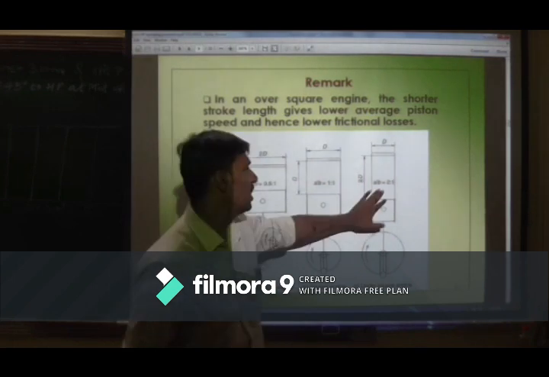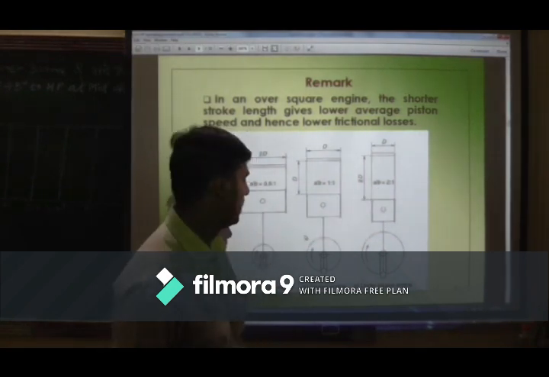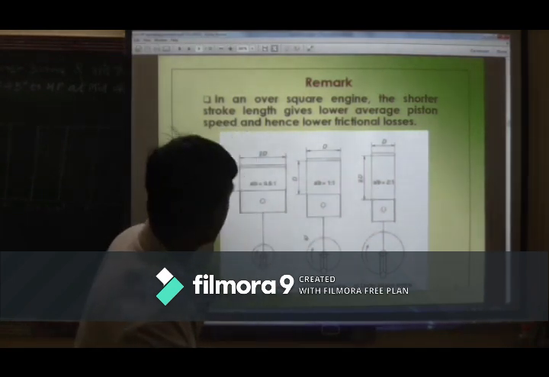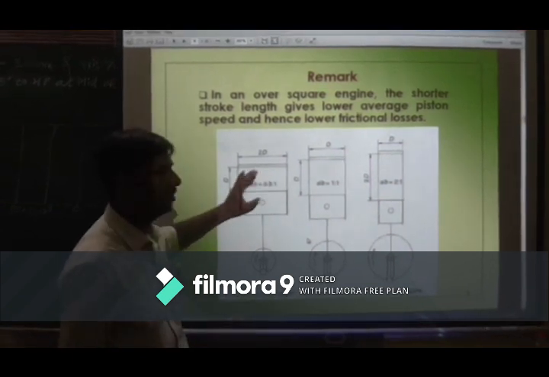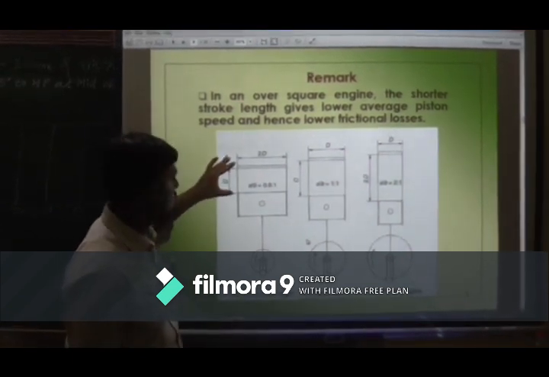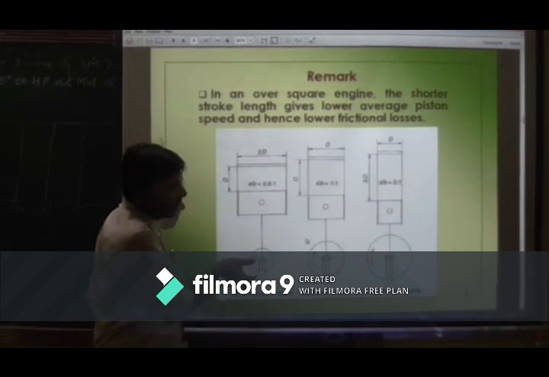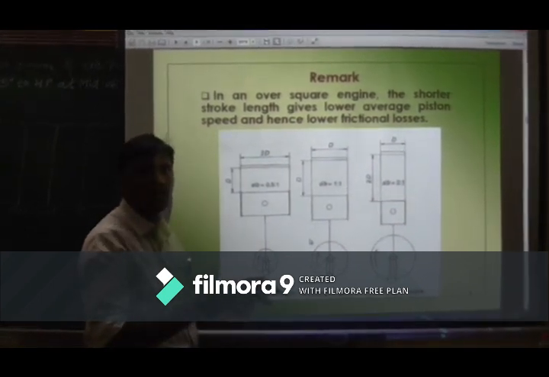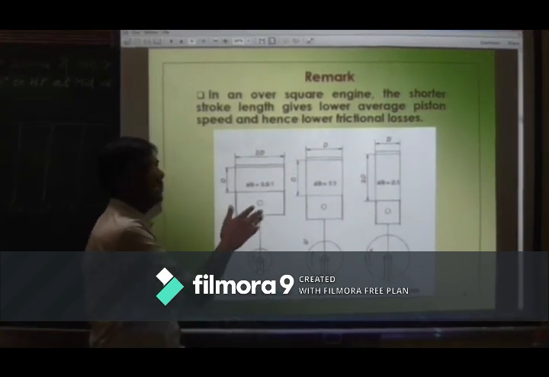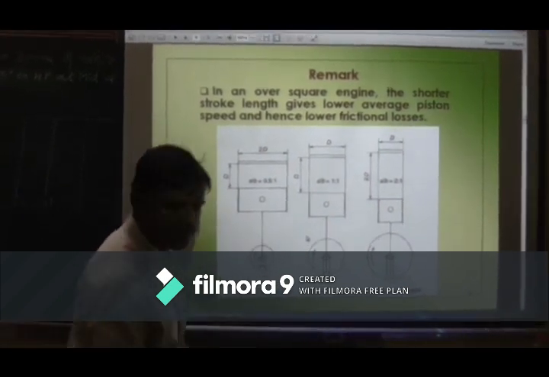So we prefer this type of engine, that is under square engine. What is the advantage of this? Stroke length is less, so we use a smaller crank and require a smaller shaft. But the power we are getting will be less because there is knocking.